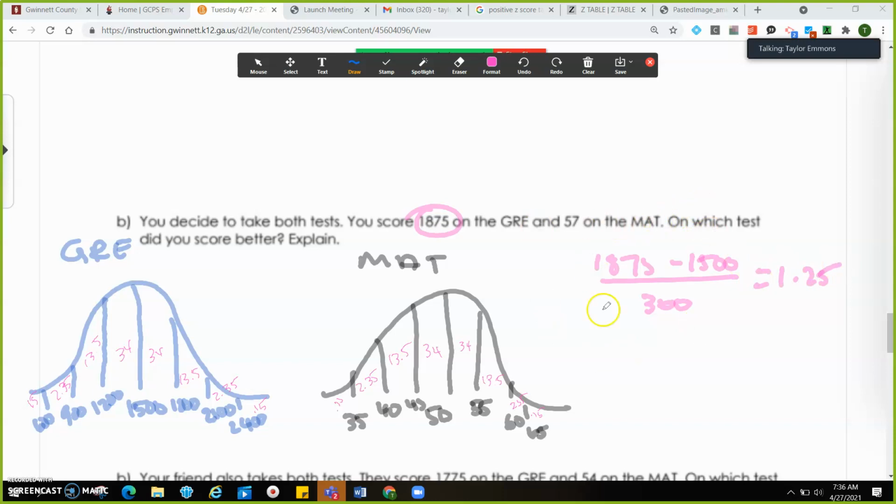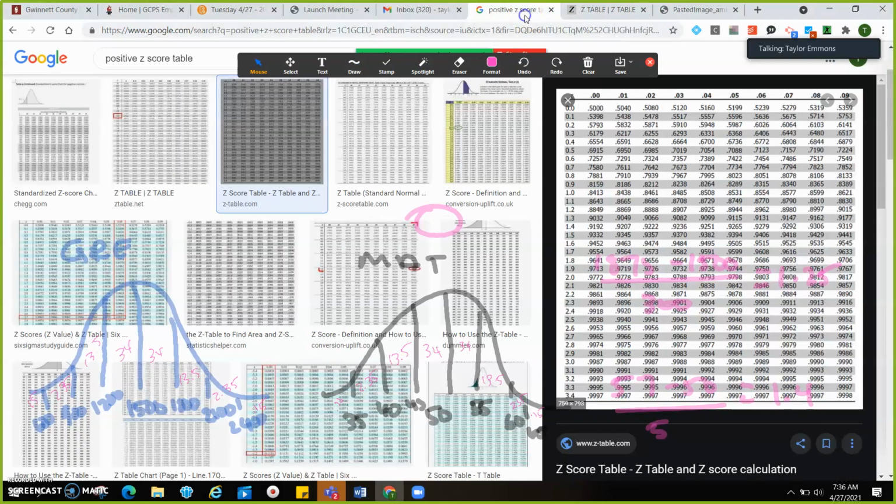I'm going to calculate this one too: 57 minus 50 divided by a standard deviation of 5. That's 7 divided by 5, which gives us 1.4. Then we go into our positive z-score table because both of these numbers are positive.